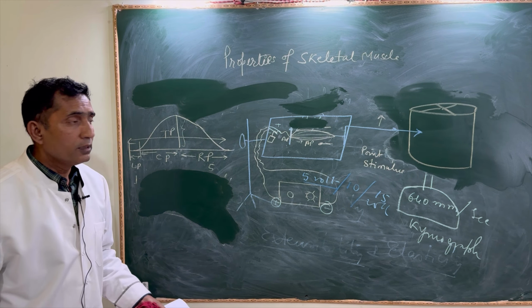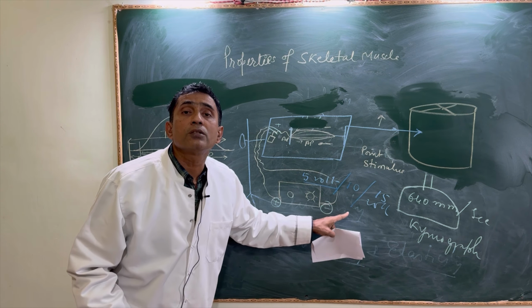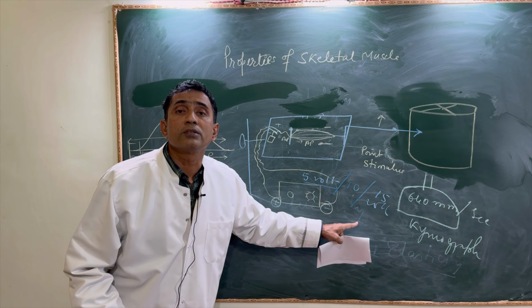What are we doing? Just changing the strength of stimulus. Very simple. Here we have the switch, the stimulator. Just by changing the position of the switch, we can adjust the strength of stimulus.